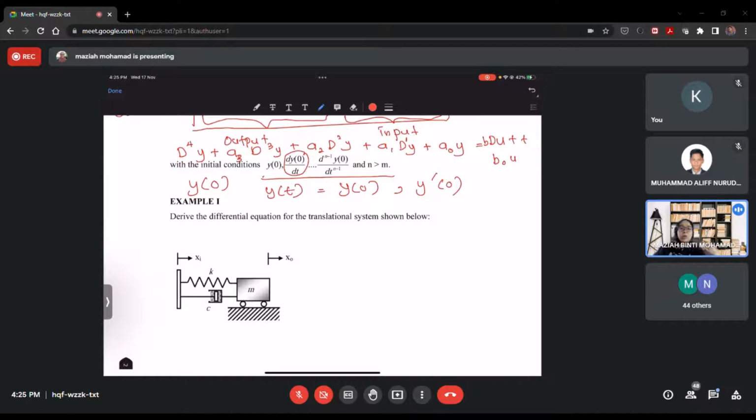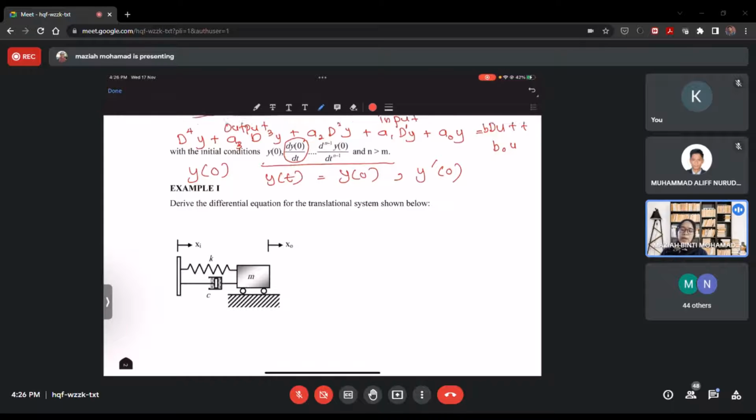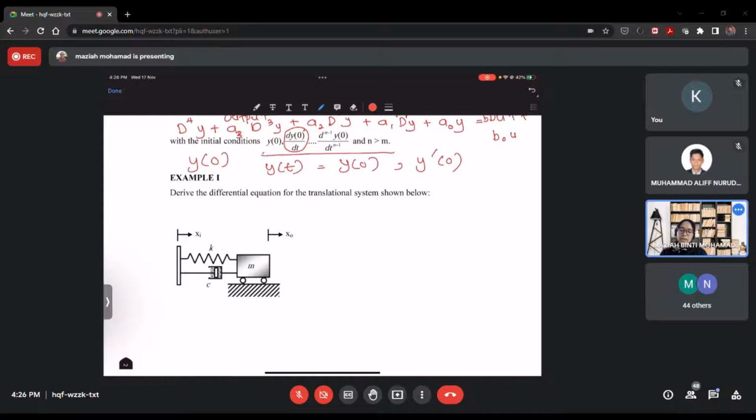That is the explanation about ODE. Basically you already know how to produce an ODE equation. For example, here we have a system, a spring damper system. The input is xi, the output is x naught.